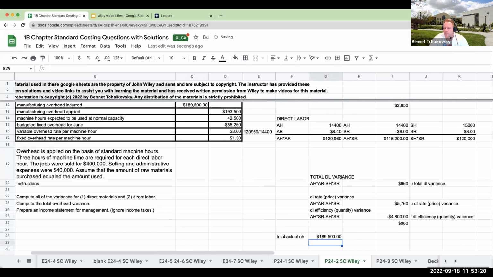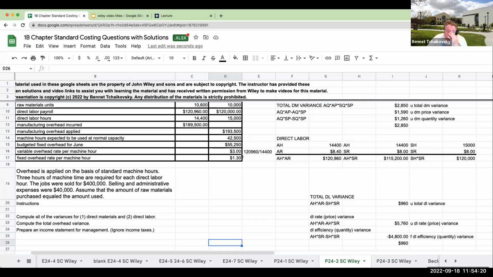And I'm going to pause this real quick. So the thing about this question is that you could just take, oh, manufacturing overhead applied was 193.5. You compare this to 189.5, and you're going to get the difference of 4,000, which you can say is favorable. But the real question is where are they getting the numbers from?